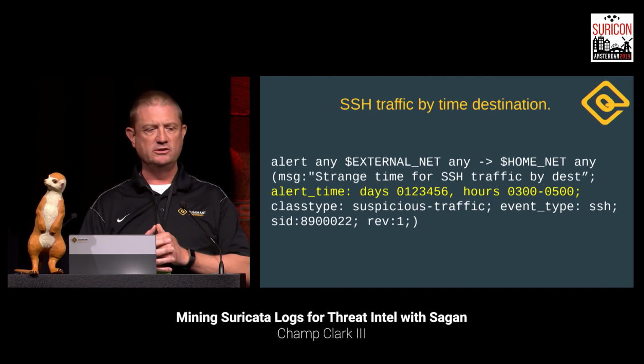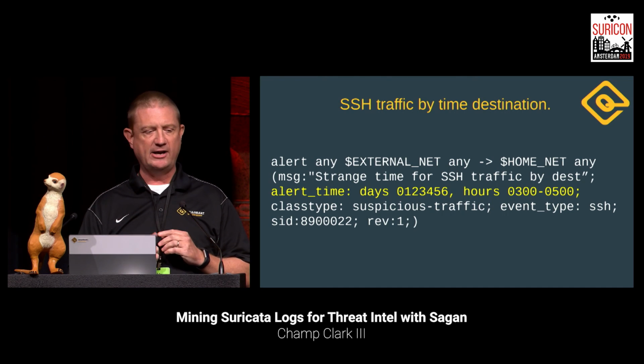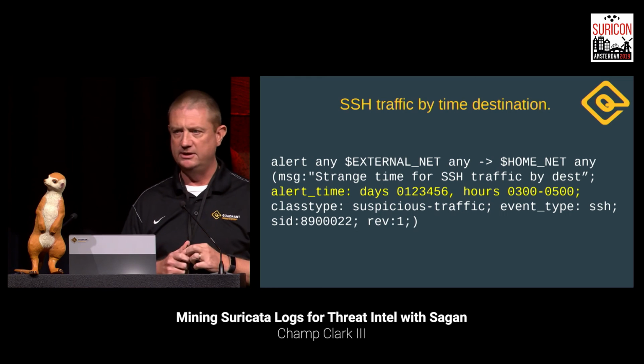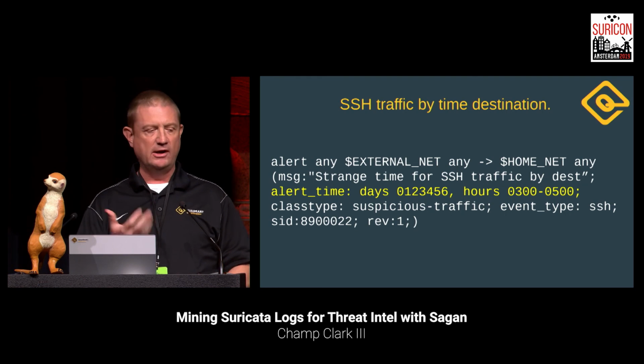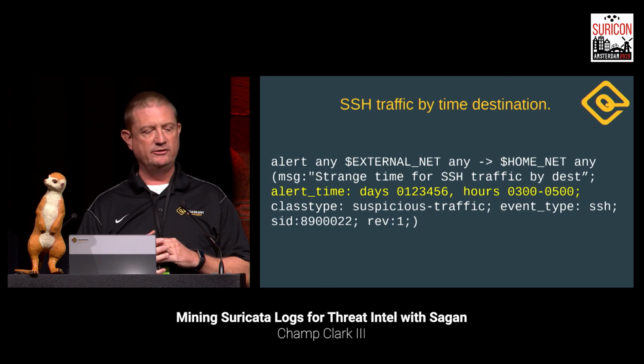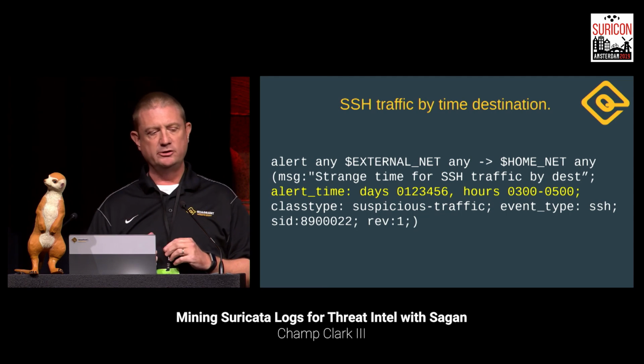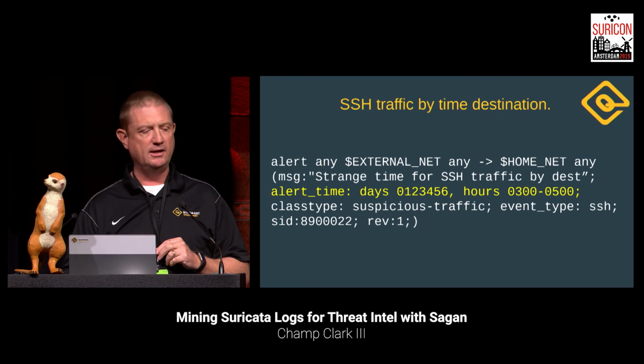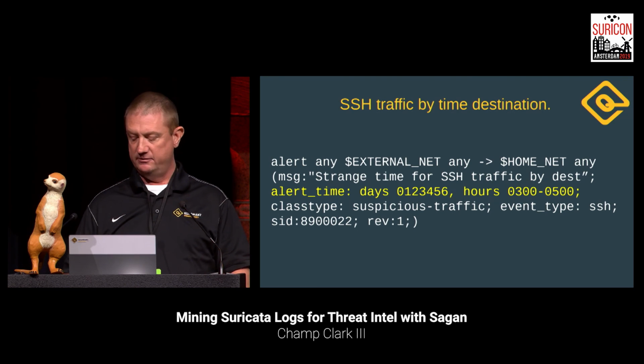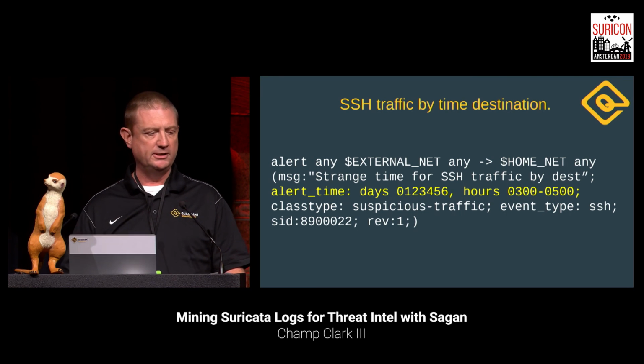But for smaller organizations, 3 a.m. to 5 a.m. SSH traffic might be deemed kind of suspicious. So as you can see, it'll say alert time, days and hours. The days and hours can also be variables that you can set, like in the Sagan YAML. So you can make it a variable throughout all the particular rules.